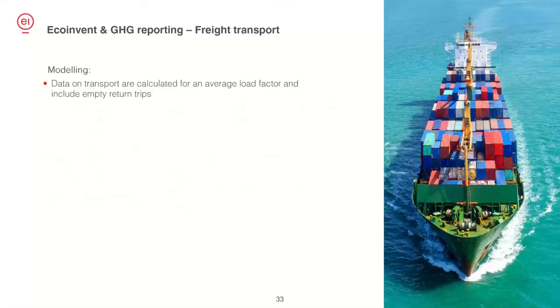So let's take a look at the modeling of the freight transport datasets. It is important to note that data on freight transport are calculated for an average load factor and include an empty return trip. And those transport datasets include carrier-specific emission profiles. So they include, for example, brake or tire wear emissions.